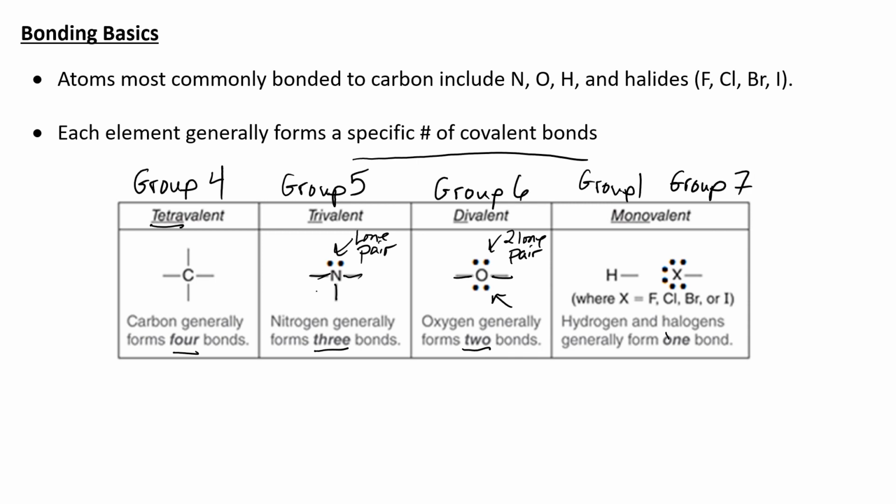And notice the halogens, they still have 8 electrons around them. However, they've got 3 lone pair or non-bonding pairs of electrons and 1 covalent bond, so they're monovalent. We're going to keep these patterns in mind when we begin to draw isomers for a given compound.